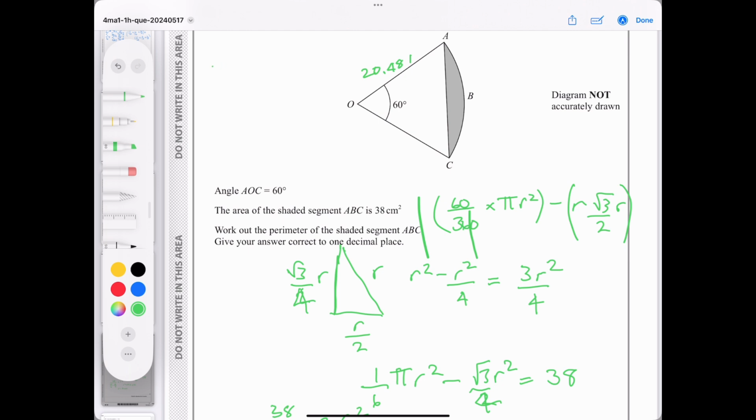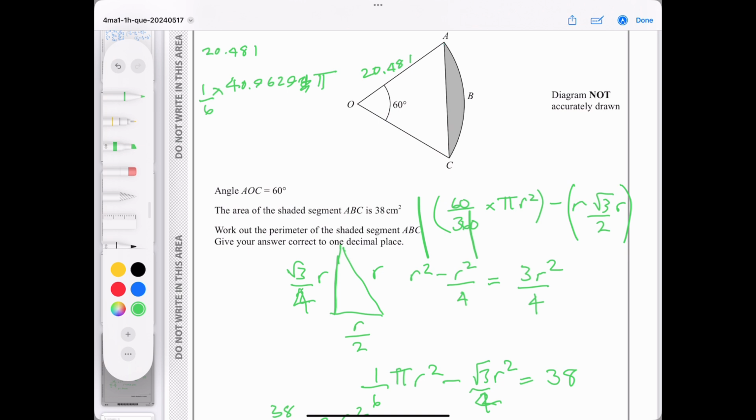So to find the circumference, or at least to find A to C around there through B, we will get 20.481 times 2 equals 40.9629, which is D, times pi, and then times 1/6.